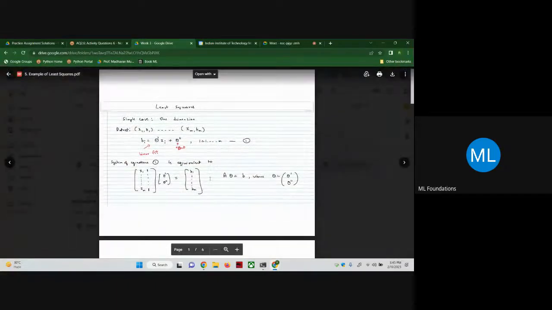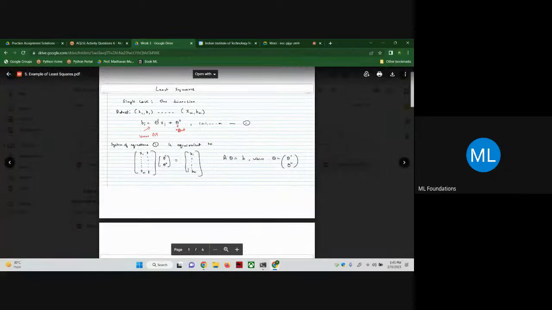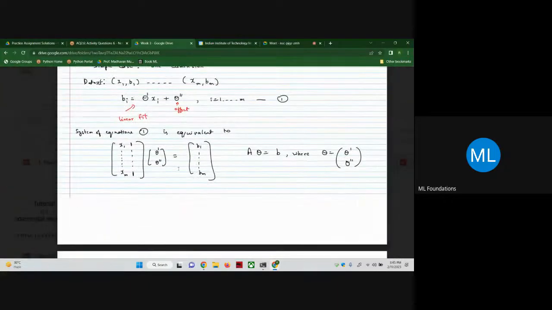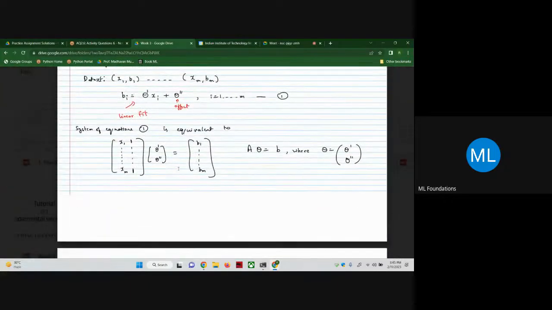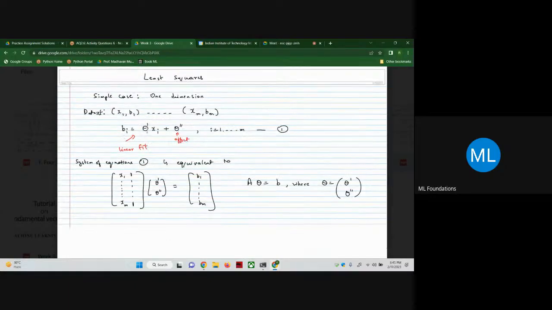Now we'll be looking at a few examples. In this particular case, we want to solve b equals theta 1 x plus theta 2, finding these values theta 1 and theta 2.